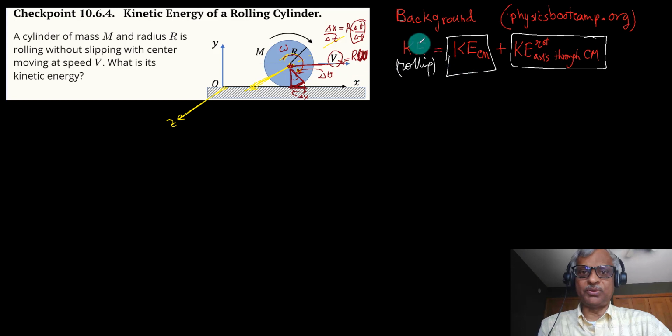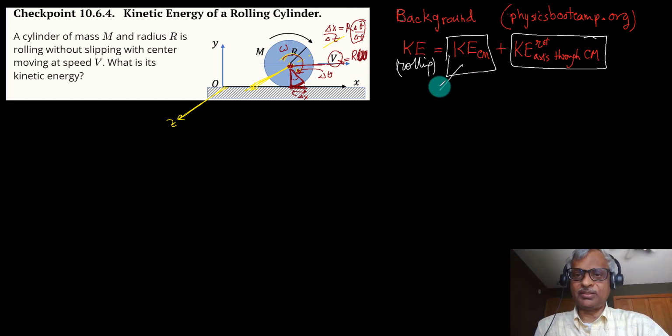So the formula for this is simply one half capital M V_CM squared, as if the entire mass of the cylinder was placed at one point, not distributed.